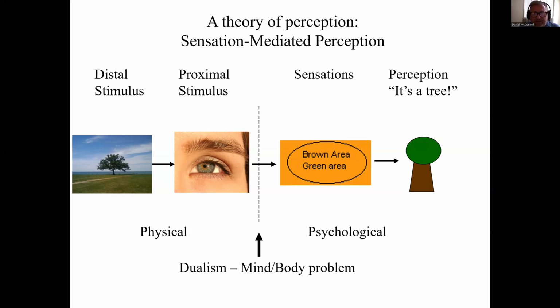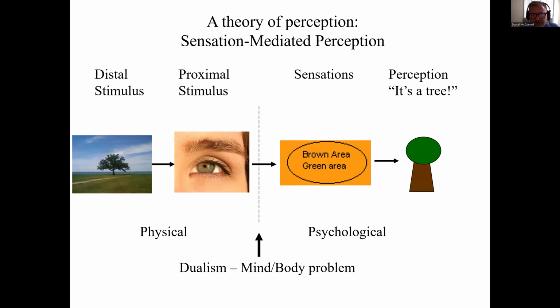So the proximal stimulus can be described in terms of those physical characteristics, photon flux and wavelength, but the sensations are the psychological responses, the descriptive way to talk about them from a subjective standpoint. In terms of variations in brightness, some areas of the scene may appear to be bright, other areas of the scene may appear to be dark. Some areas of the scene may appear to be green. Some may appear to be brown or some other color. There's blue sky there too, but I didn't include that in our descriptions here.